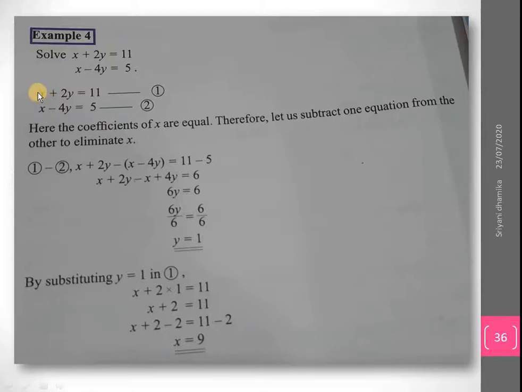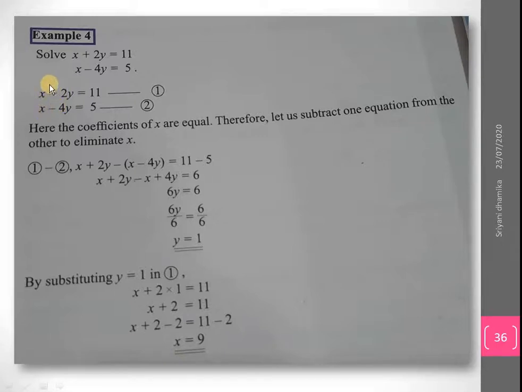Now you can see here the coefficient of x in the first equation is positive 1. In the second equation also positive 1. But the coefficient of y in the first equation is positive 2, and in the second equation is negative 4. So we can't remove the term y because it has unequal, different coefficients.